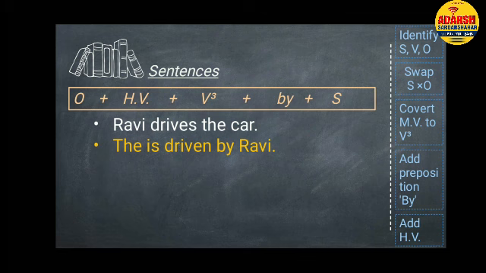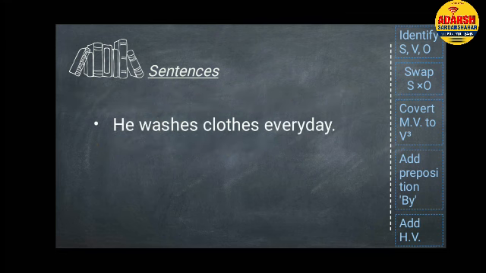Now let's go to second sentence. It is, he washes clothes every day. Now let's go for it. Let us identify subject, object and verb. Here our subject is he, because he is a doer.